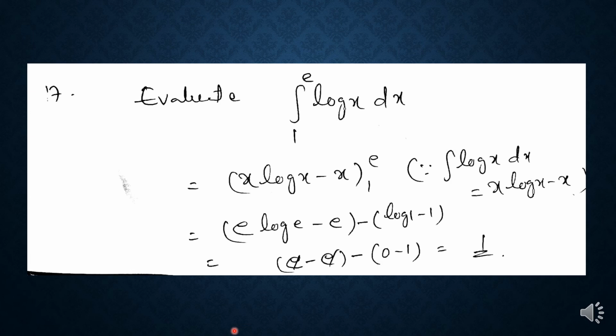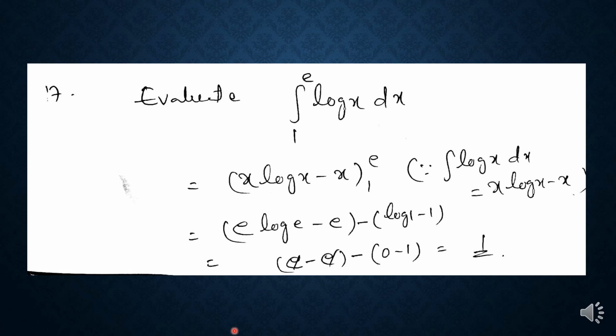We found integral log x dx in the previous classes by using integration by parts, by taking log x as the first function u and 1 dx as dv. So we find the solution of integral log x dx as x log x minus x. We can write that formula directly, so we use x log x minus x from 1 to e.